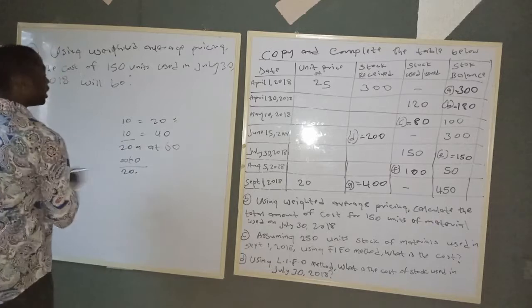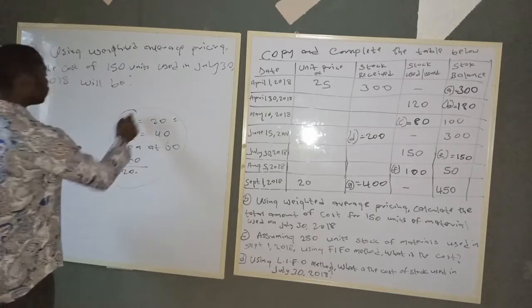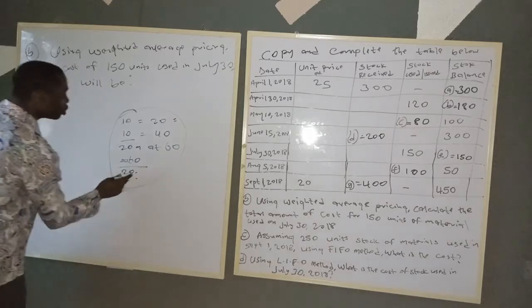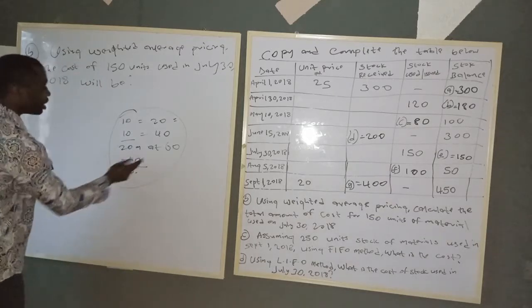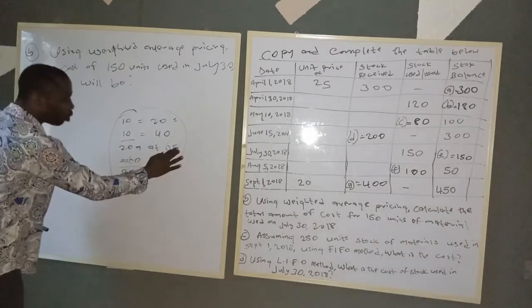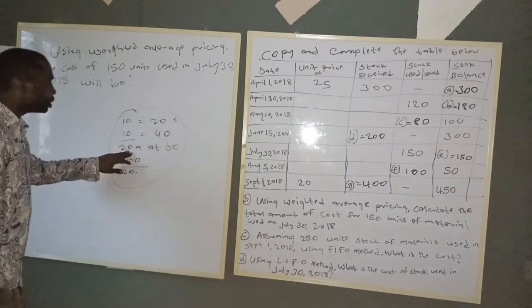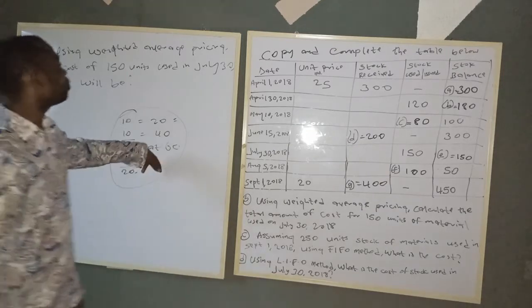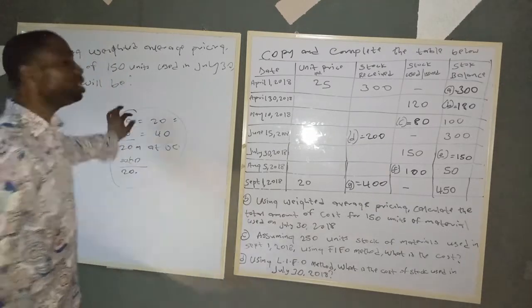What I'm trying to explain here is that what you get when you divide this total cost of 60 naira by the total units is what we are going to use as the unit price.